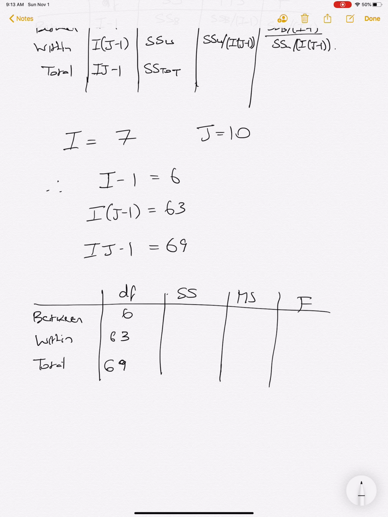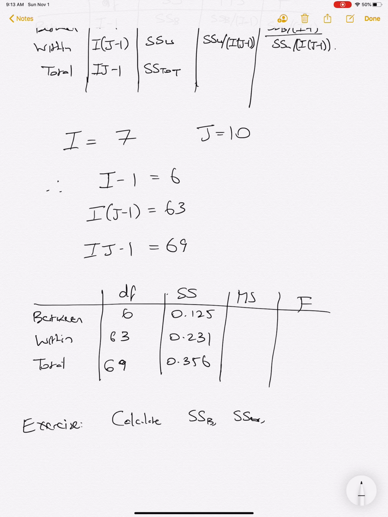Okay, and then if you calculate the sum of squares, I'll leave this for you as an exercise. The only things you need to calculate here are SSB and SSW. SS total should hopefully be the same as their sum, but you can check that too. You should get 0.231 and 0.356.